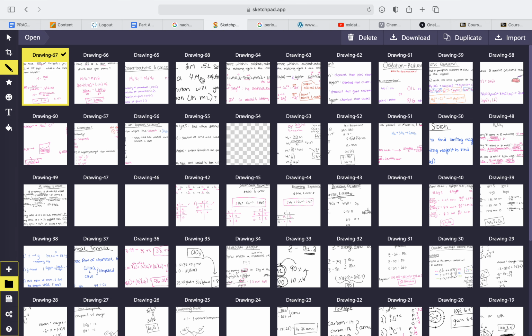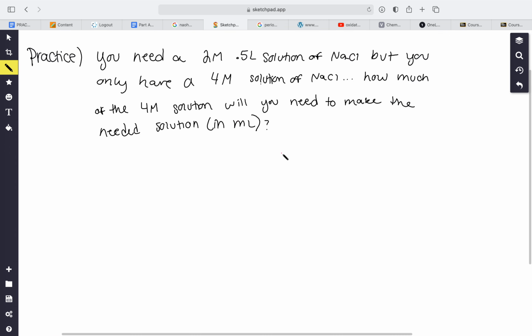Okay, so the last question is a practice question. I'm also going to throw in a little bit of a challenge in there. Much H2O needed. Okay, so the question reads, you need a 2 mole, 0.5 liter solution of NaCl, but you only have a 4 molarity solution of NaCl.